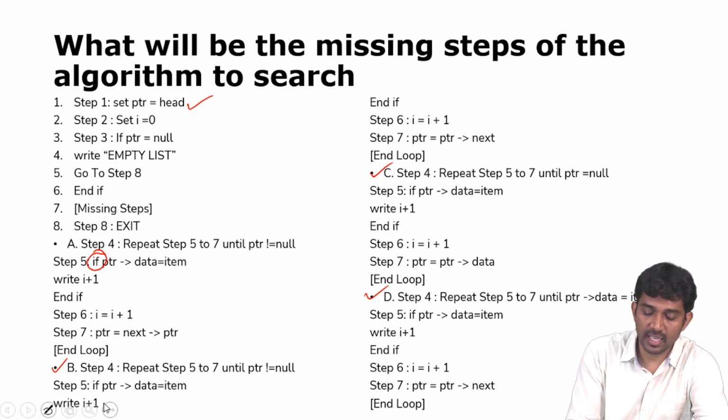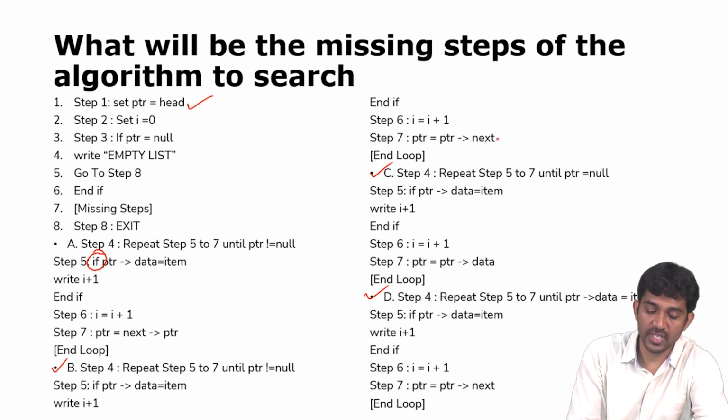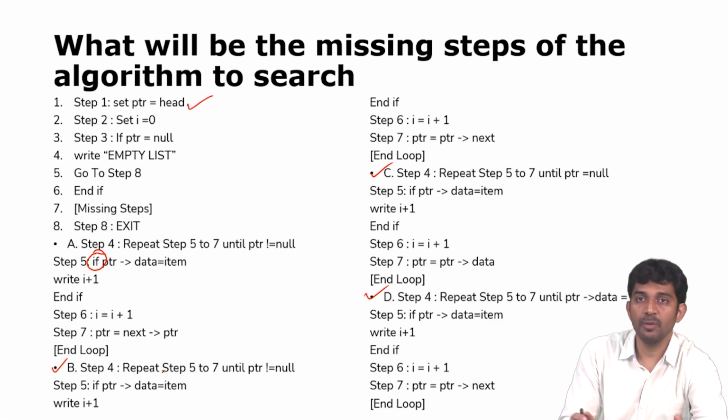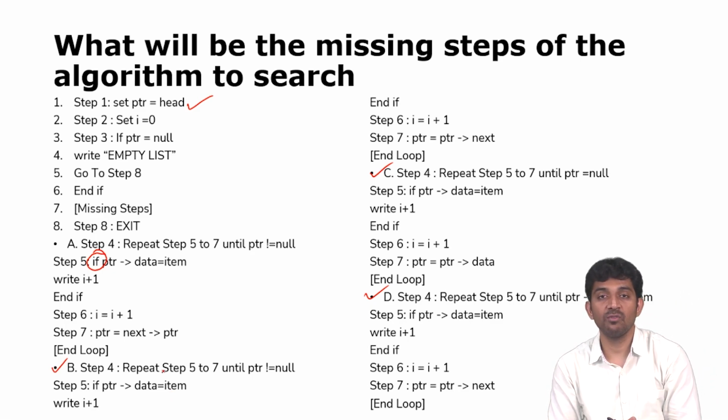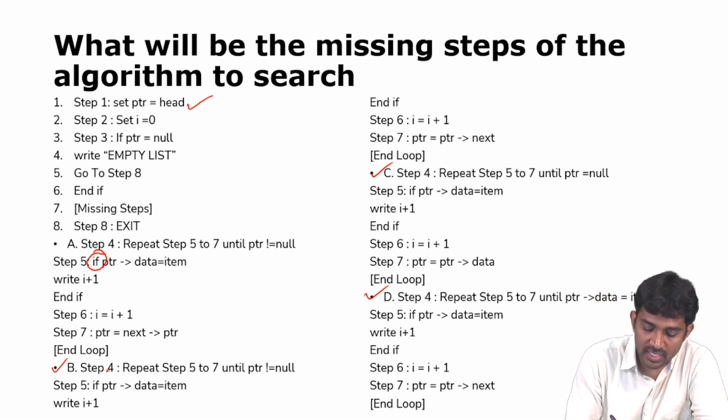After this step, if ptr data equal to item, write I plus 1, right? And I equal to I plus 1. These are the steps, and ptr equal to ptr dot next. Ptr equal to ptr dot next means it finds where the particular element is found. If ptr data equal to item, then it will print the particular location where the item was found, right? This is the reason. So this is the right answer.